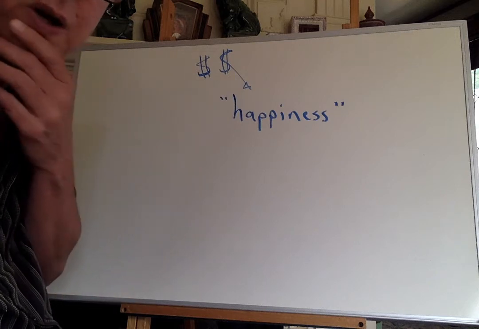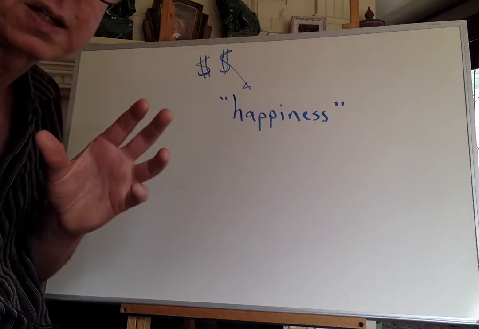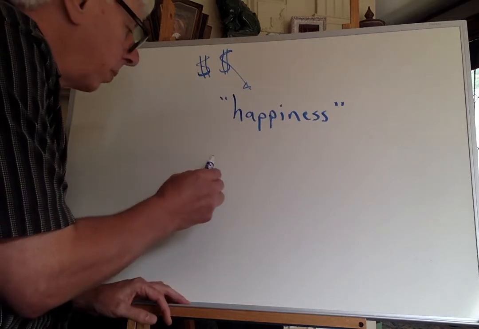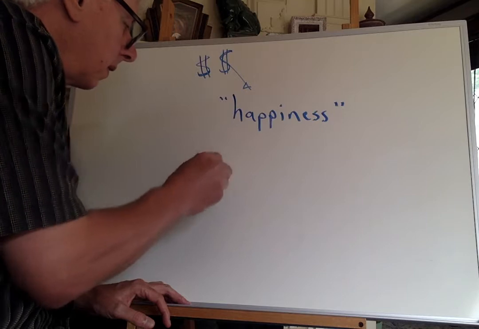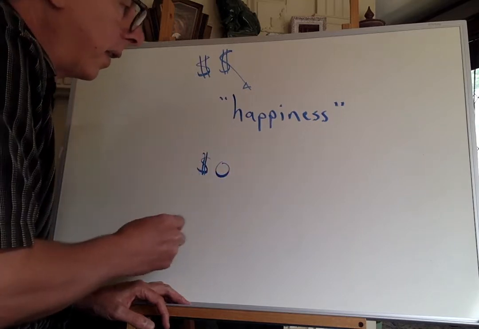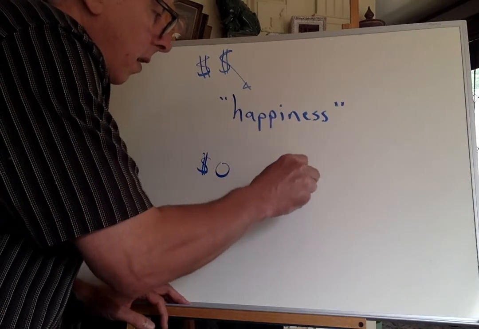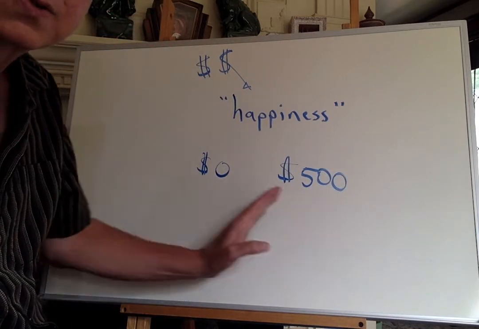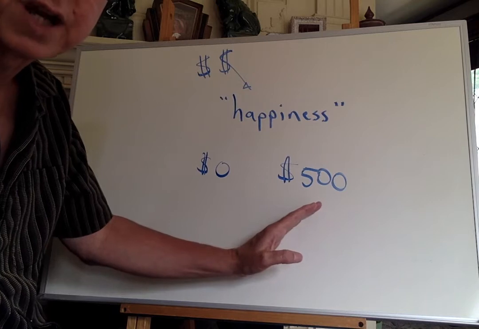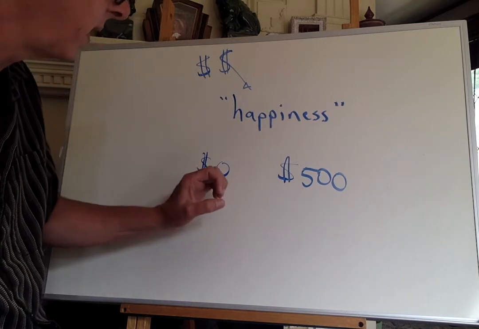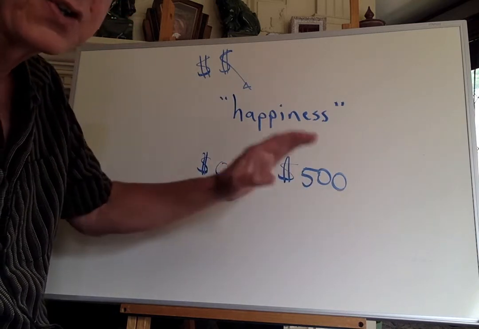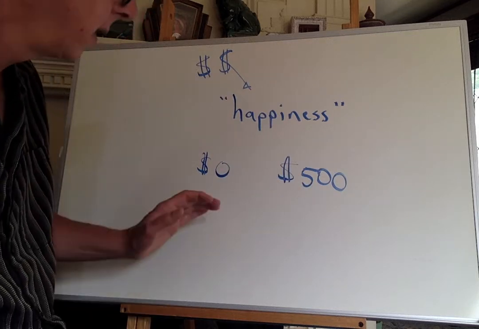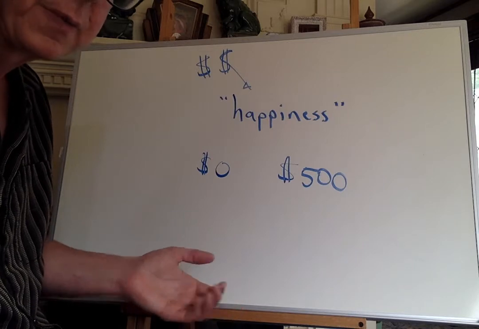And most of you are probably familiar with the basic structure of an experiment, where I might have one group that gets $0 and one group that gets $500, and then I could compare these two to see if there's a difference, right? To see if we give people $500, if they're going to report higher levels of happiness, okay? That would be an experiment.